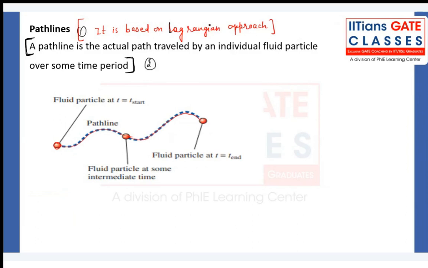Second thing, a path line can intersect itself. Whatever the path line is, the single particle can basically cross itself, right?